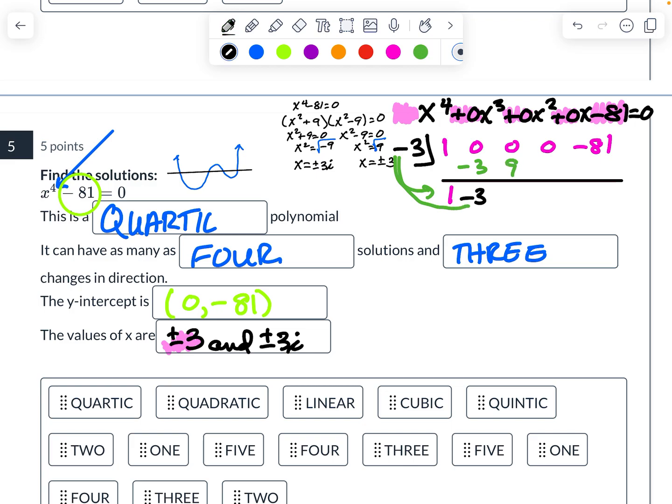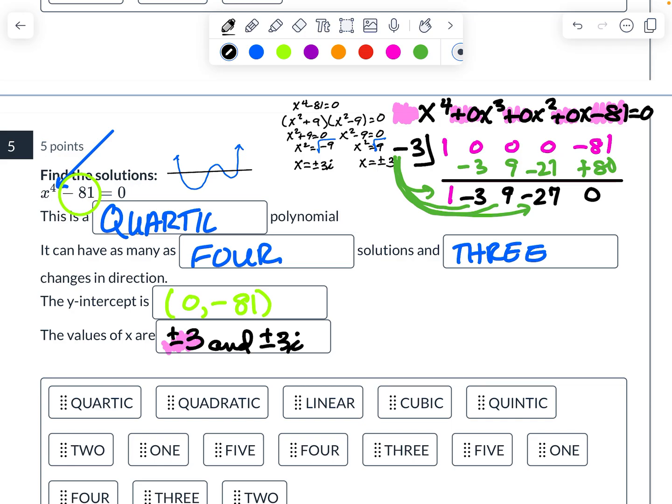Add, you get 9. Negative 3 times 9 is negative 27. Add, you get negative 27. Negative 3 times negative 27 is positive 81. Add, you get 0. Fabulous.